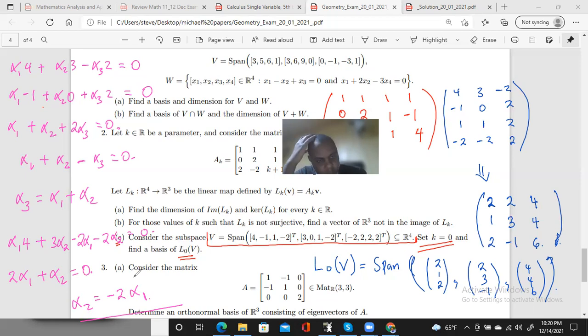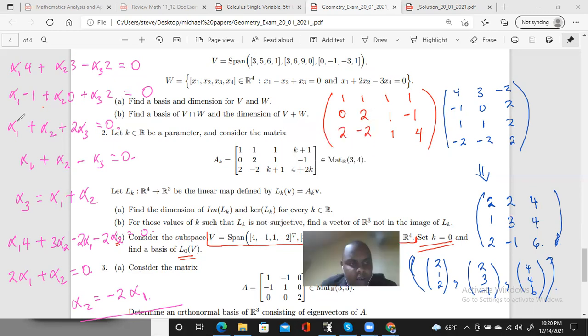For example, the second equation. Let's do the third equation, because alpha 2 is going to be taken to 0.